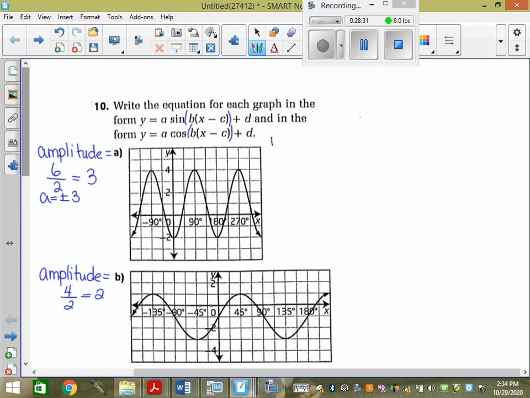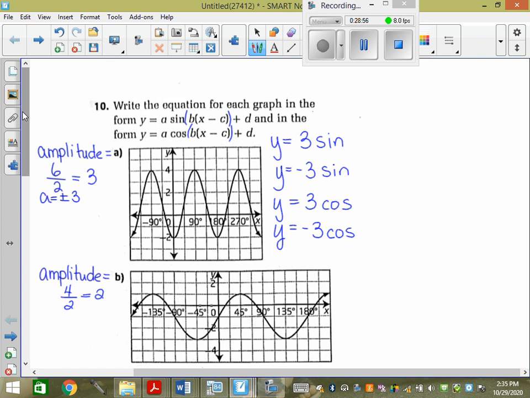So we're going to go y equals 3 sine. y equals -3 sine. y equals 3 cos. y equals -3 cos. Did I find my A differently for any of these 4? Nope. Same thing. It's just based off my amplitude.